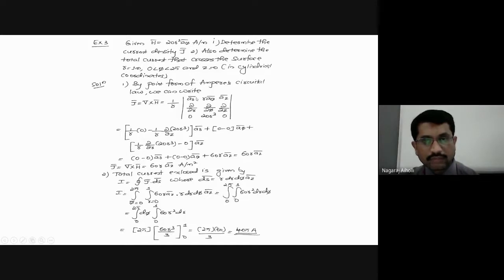Then this first row and the last column will go. Therefore we will get dou by dou r of 20 r cube minus 0 into dou by dou phi. If we simplify this, we'll get 1 upon r into 0 is 0 minus this term, dou by dou z of 20 r cube. What is dou by dou z of 20 r cube?